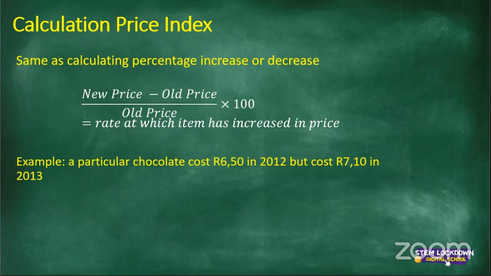If the price in 2012 was R6.50, and the price in 2013 is R7.10, give me the CPI, the price index. Give me the rate at which this item has increased in price.